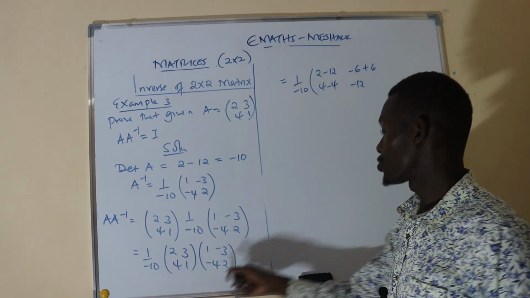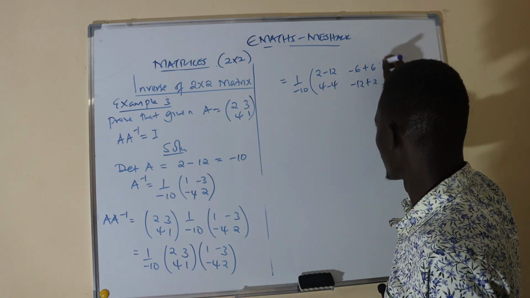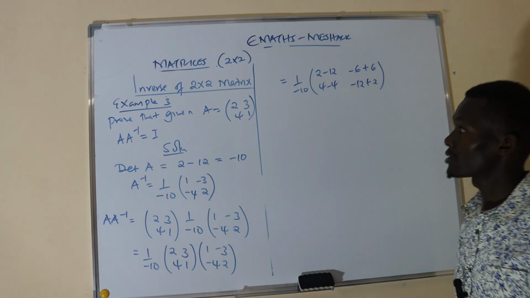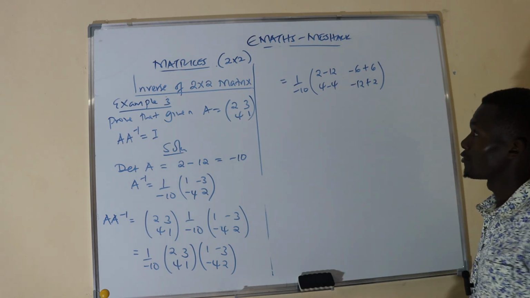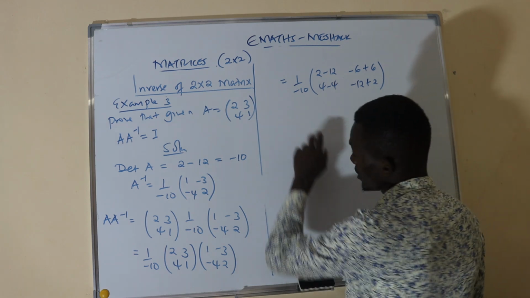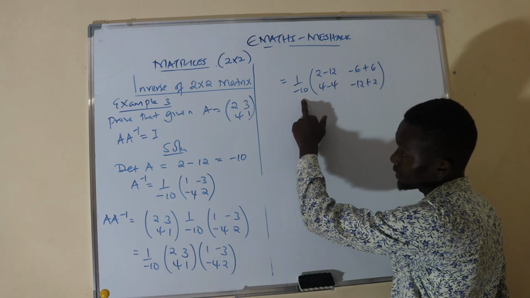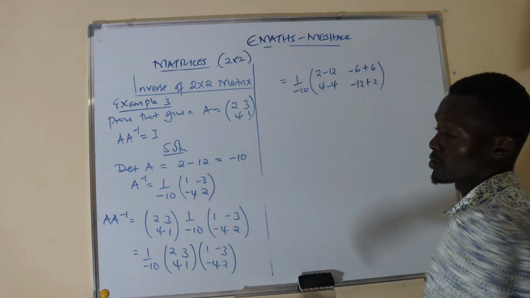And 1 times 2 gives me 2. So that just follows the normal procedure of multiplying matrices. Remember, I've kept the constant 1 over negative 10 outside. Then I'm just multiplying the numbers.